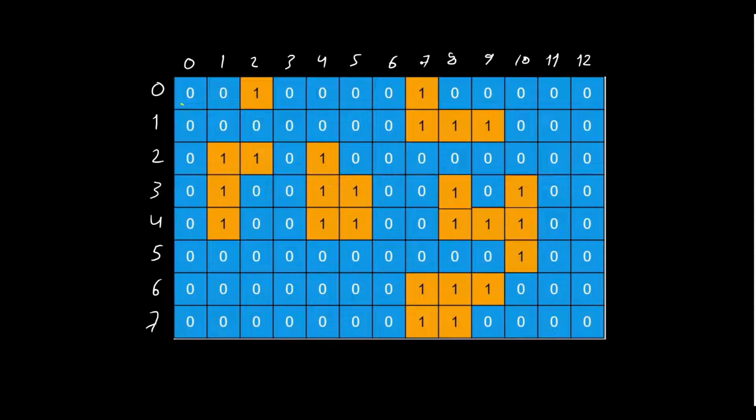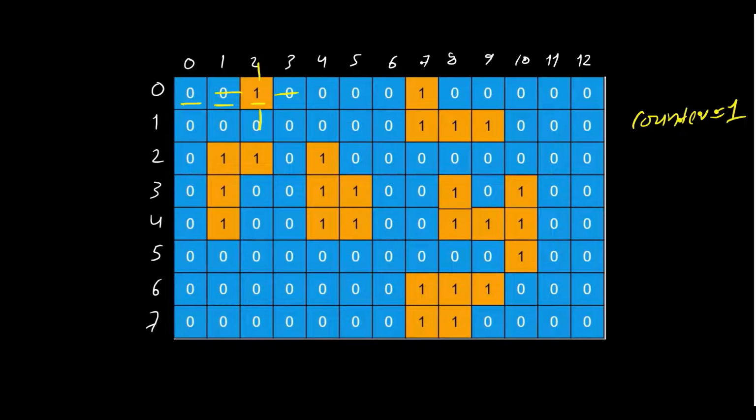Let's suppose you start from here. You will see this is 0, which is water. This is also water. Here you will see one island, so you'll start making calls left, right, up and down. But you can see the upside is out of bounds, so we'll not make this call. On the left and right it is water, and the downside is also water, so we'll skip these and increase the counter by 1 because you hit one island here.